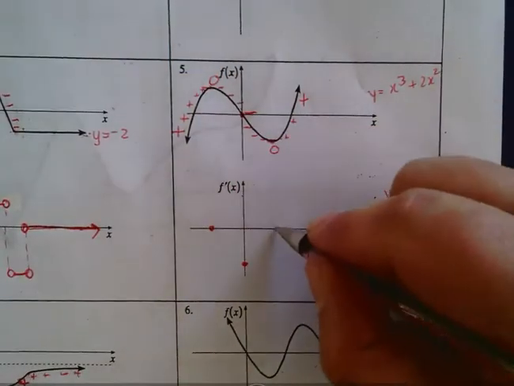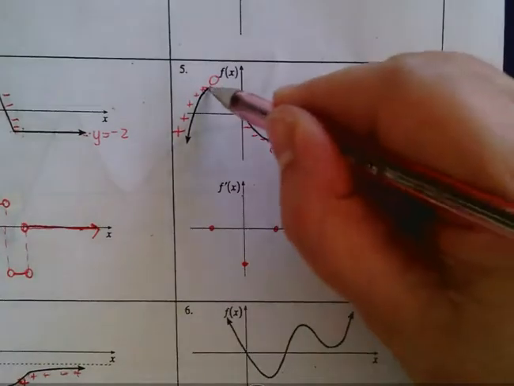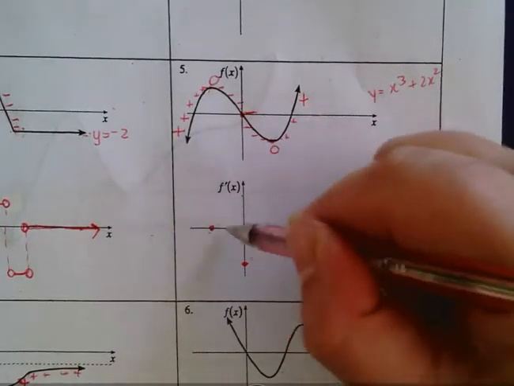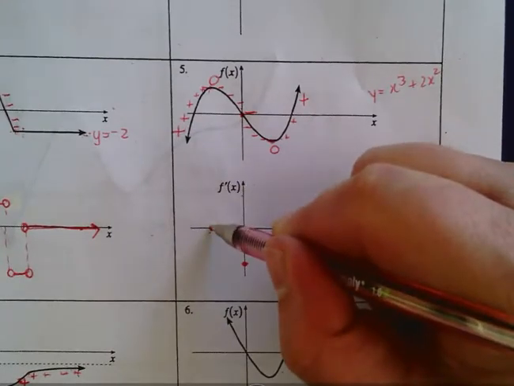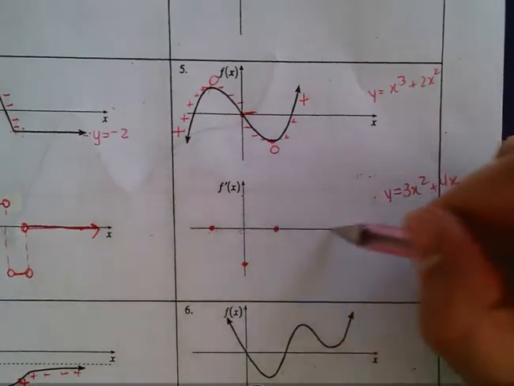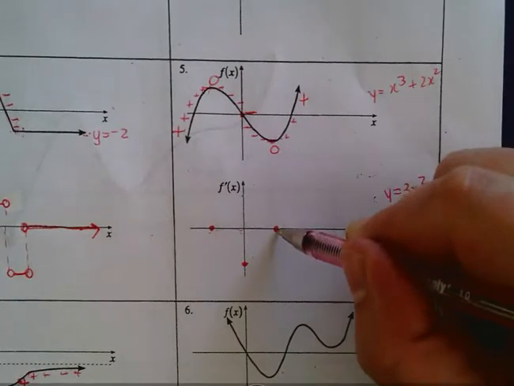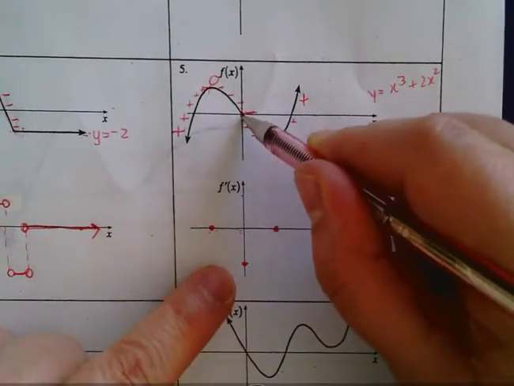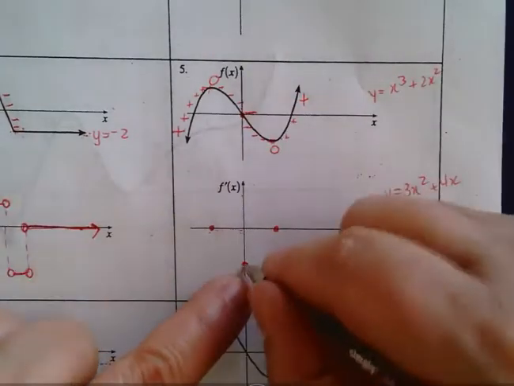So what I like to do first, before I start, is see where the gradients are 0 and mark them here. Because at that x value, f dash x, the gradient is 0. At that value of x there, come across to the same place on the x-axis, the f dash x, the gradient is 0. At this particular point, I've got the maximum negative gradient that I can get.